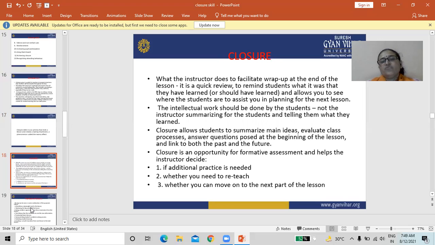It is a quick review to remind students what it was that they have learned and allows you to see where the students are to assist you in planning for the next lesson.